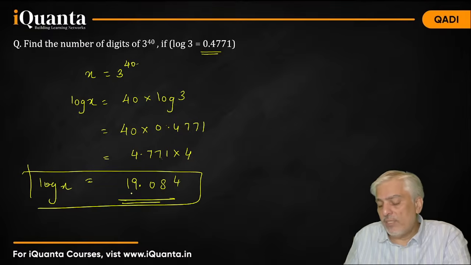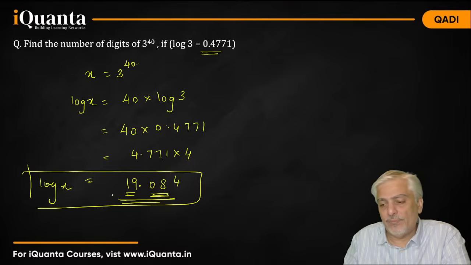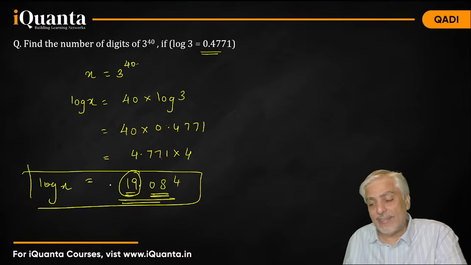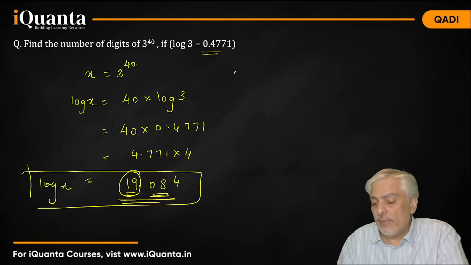Now, this is called the characteristic and the mantissa thing. Okay. Now, whenever this number is 19, we don't have to take antilog here, but when we take antilog, the number of digits will become 20. I'll repeat.